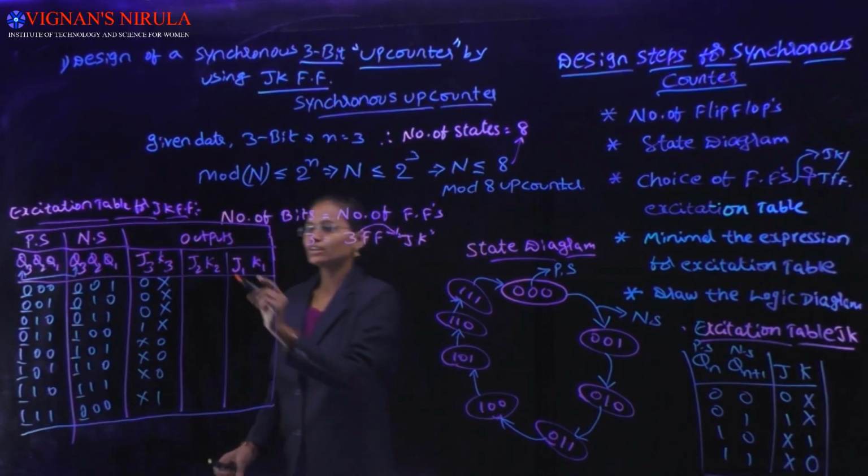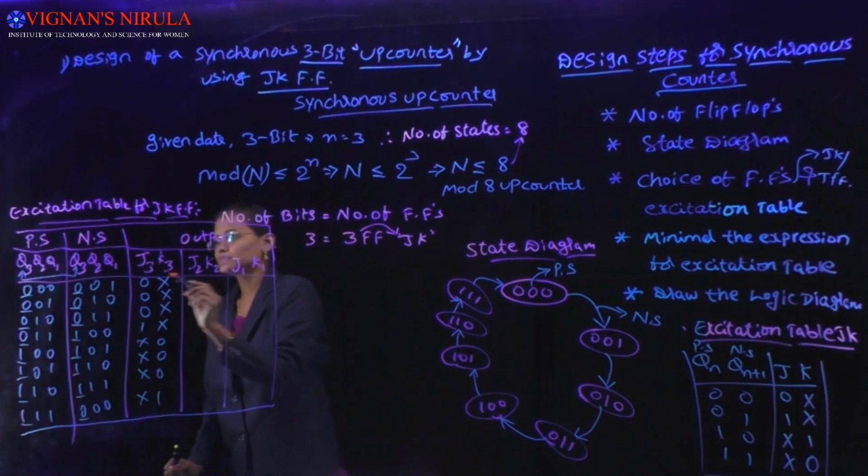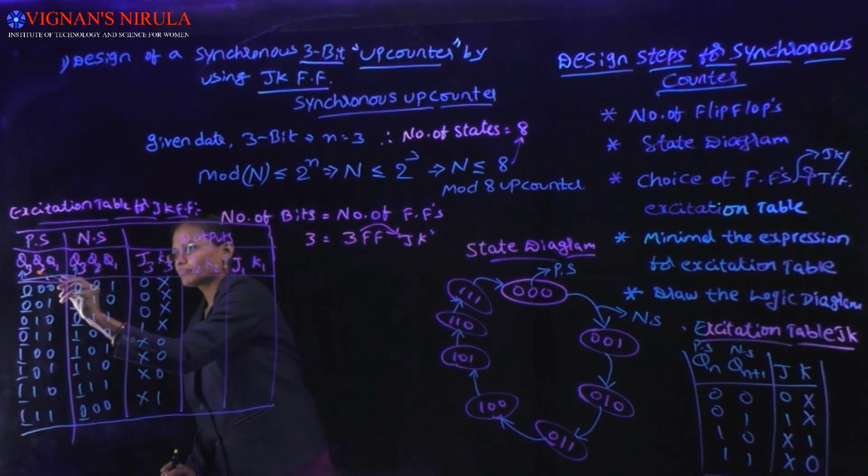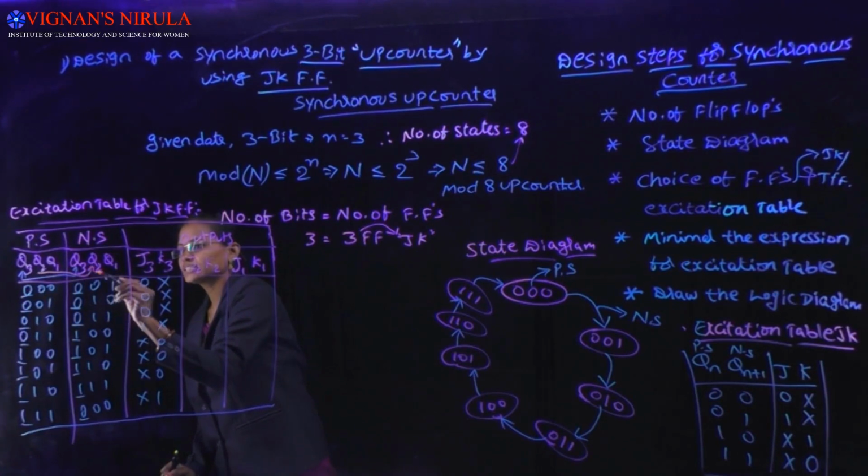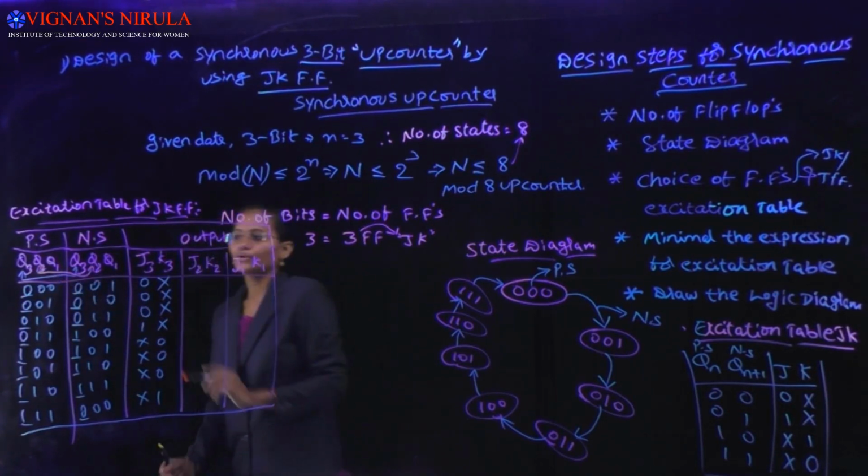And next find out J2 and K2. Observe Q2, present state Q2 and next state Q2.